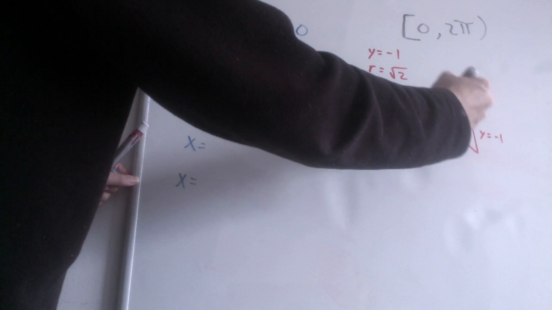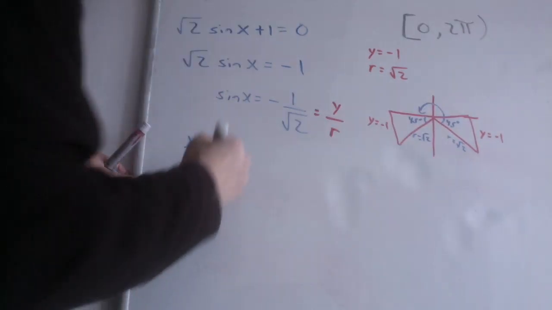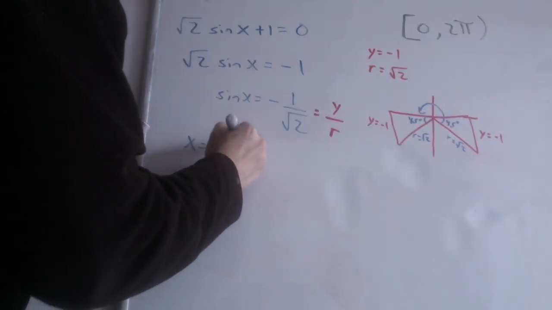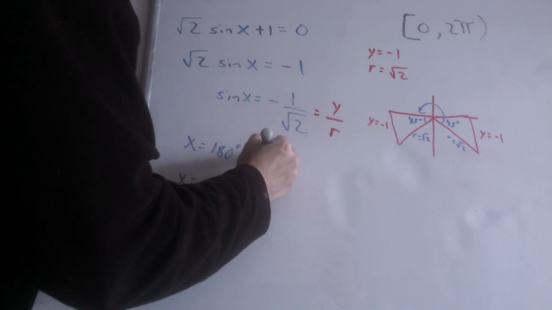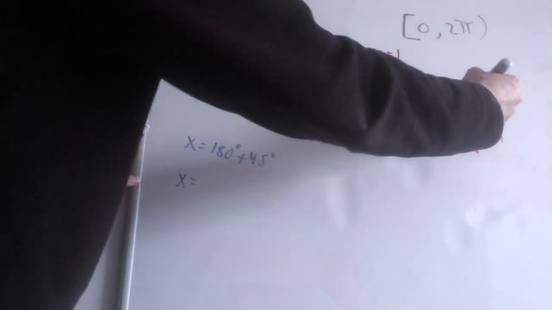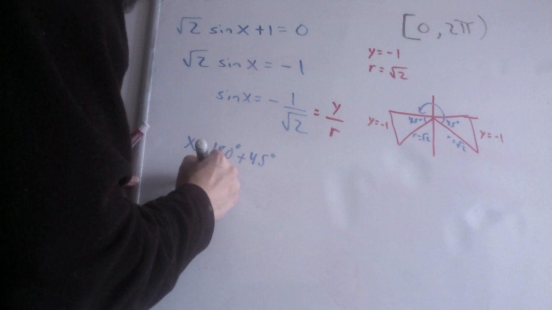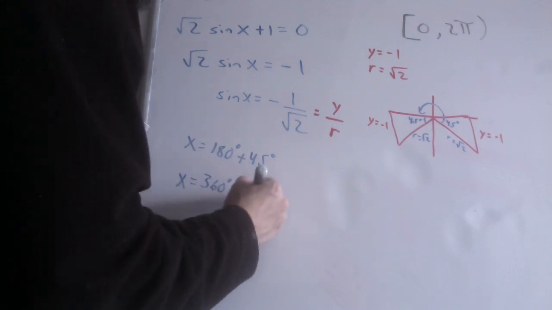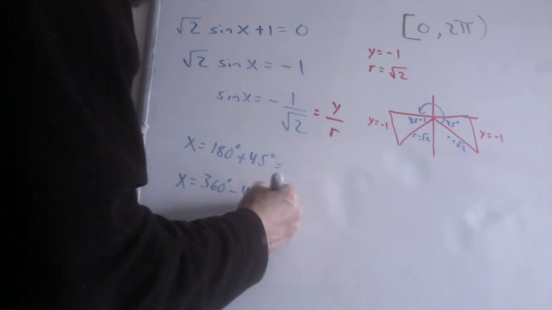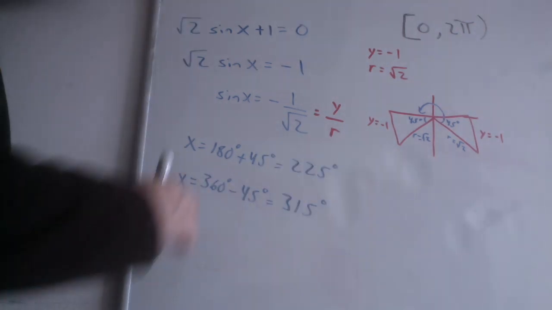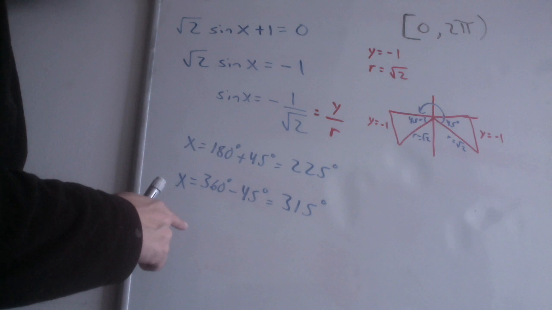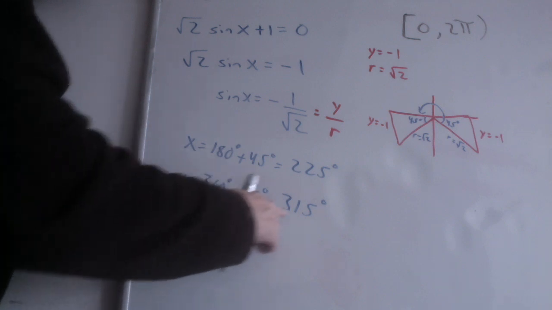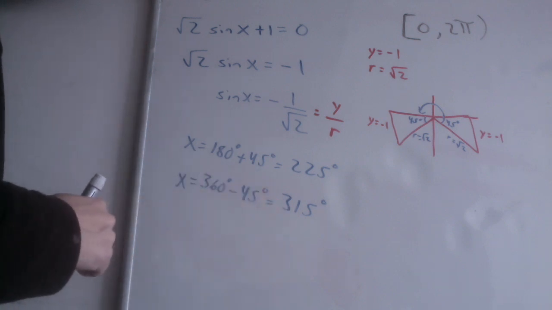So what operation am I gonna do to find my two angles? I'm gonna add 180 plus 45 degrees, and the other one, because it's in the fourth quadrant, is gonna be 360 minus 45 degrees. So 180 plus 45 is 225, and 360 minus 45 is 315.